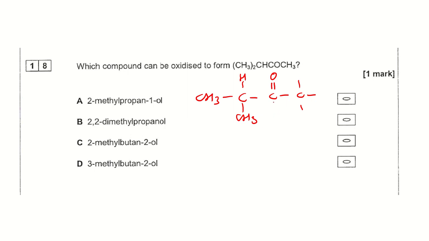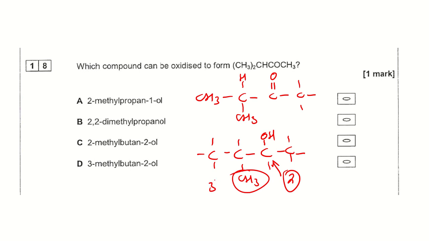Well, this is going to come from an alcohol, so I would draw out the alcohol wherever the ketone group was. You would have the OH group. So we're now going to have an alcohol with the OH group on position number 2 and a methyl group on position number 3. So the answer had to be D.